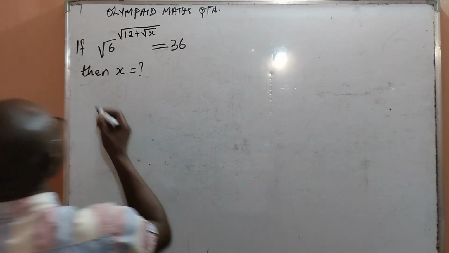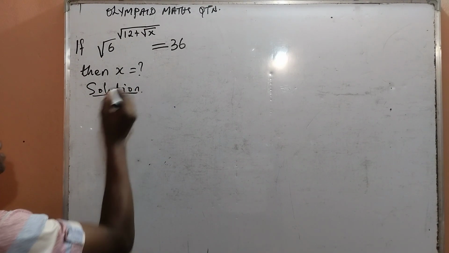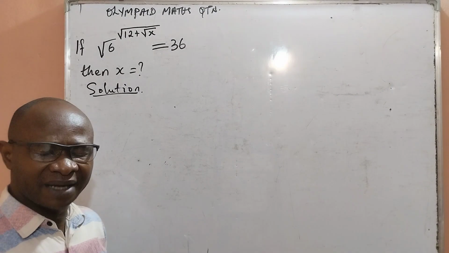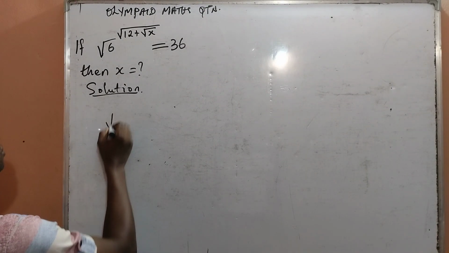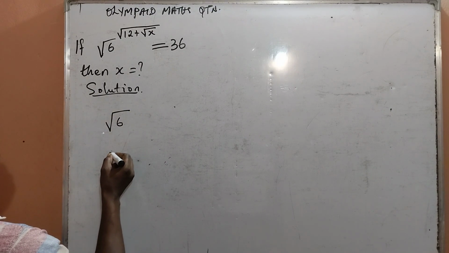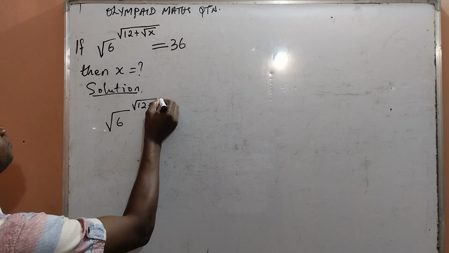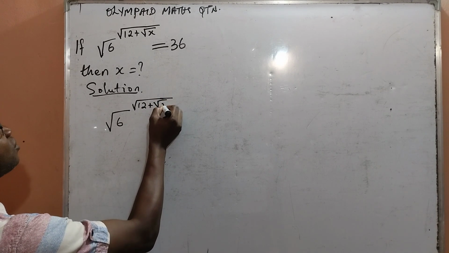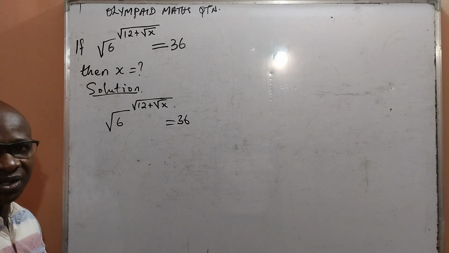Alright, solution to this question. I need to explain it, so pay attention to details. The square root of 6 raised to the power the square root of 12 plus the square root of x, everything is equal to 36.